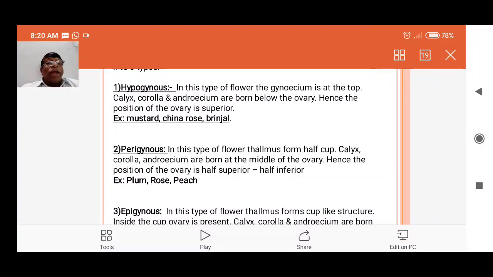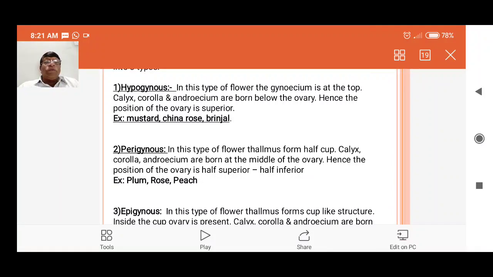Okay. Perigynous flowers. If you examine flowers like rose, peach, plum, apple. In this type of flower, the thalamus forms a cup-like structure. Half cup is formed. The calyx, corolla, androecium are born at the middle of the ovary.